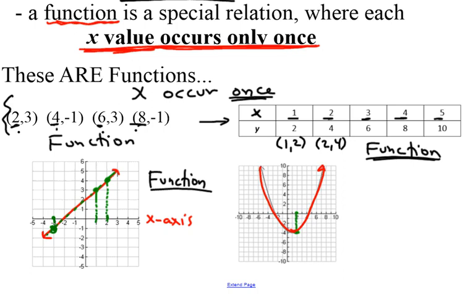So x equal 2 only occurs once. x equal to 6 on that graph only occurs once. x equal to -4 only occurs once. So again, with each x value only occurring once, we have a function because x can only occur once.